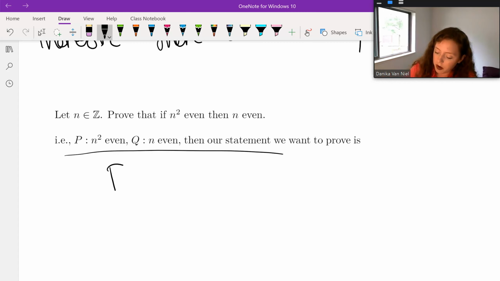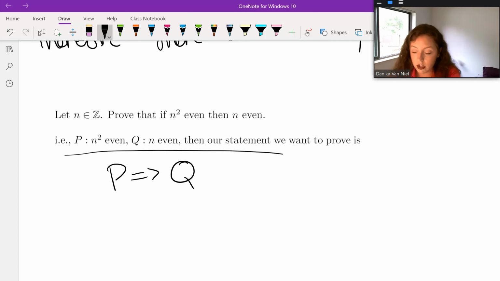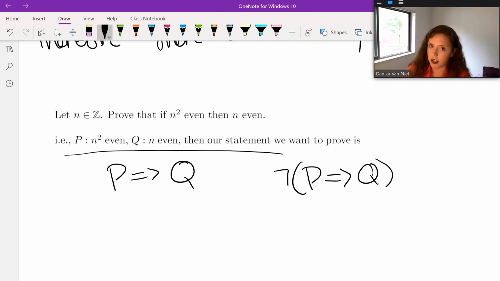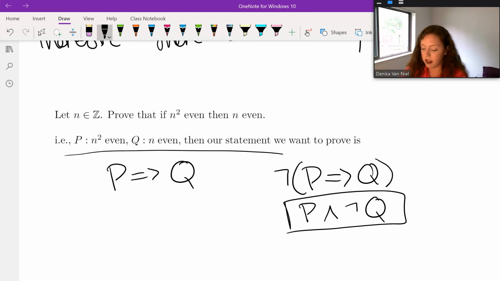What we want to prove is that P implies Q. So if we want to prove this by contradiction, we want to look at the negation of that. If you watched last video, you should know what this is. It's this. So we're going to assume that this is true and show that that's not possible. All right, let's get to it.